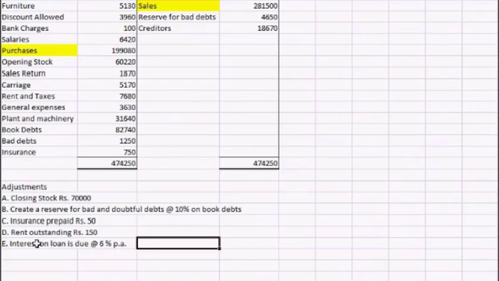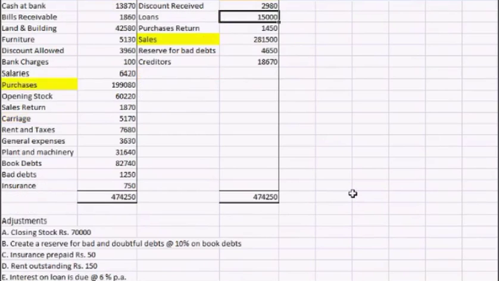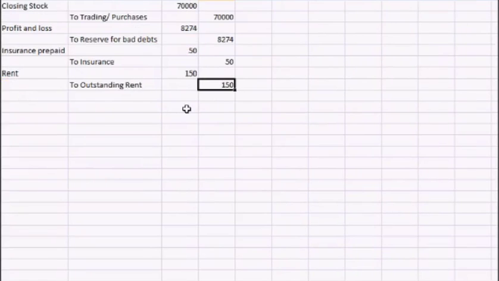So now we come to the last adjustment, interest on loan. The loan amount is 15,000 and interest on loan is due at 6%. So we'll calculate the 6%. 6% of 15,000 is 900.